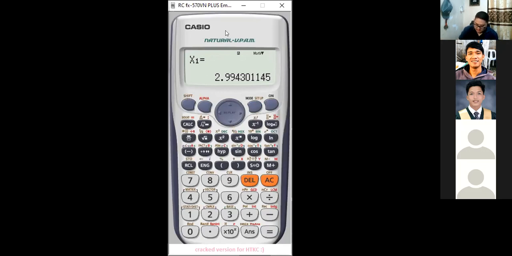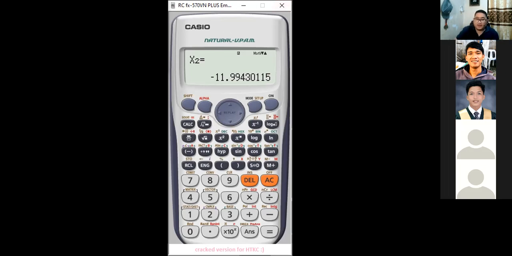Okay? Upon calculation, we have value of x1 is equals to 2.9943 or almost 3.0. Then yung second value natin is negative 11.9943 or almost negative 12. Eh, since distance ng edge yung pinag-uusapan natin, kailangan hindi negative yung value natin.